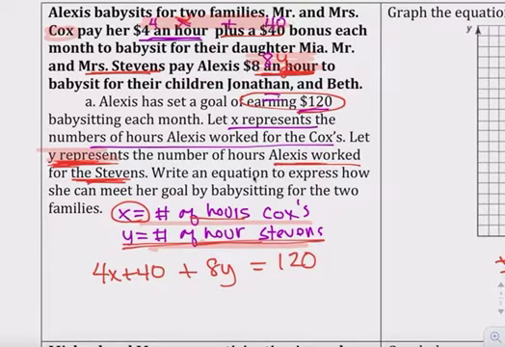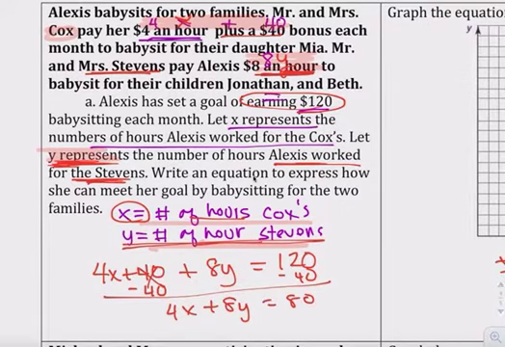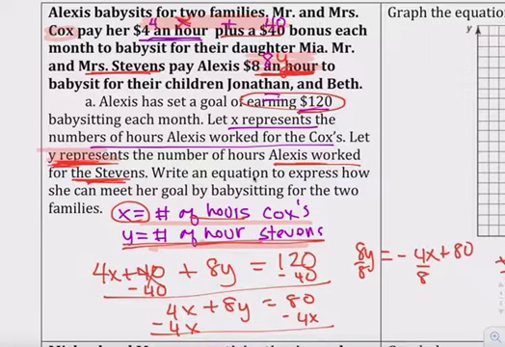So in order to do this, you have to subtract 40. 4x plus 8y equals 80, minus 4x, minus 4x. You get 8y equals negative 4x plus 80. Divide by 8. You get y equals negative 1/2 x plus 10.